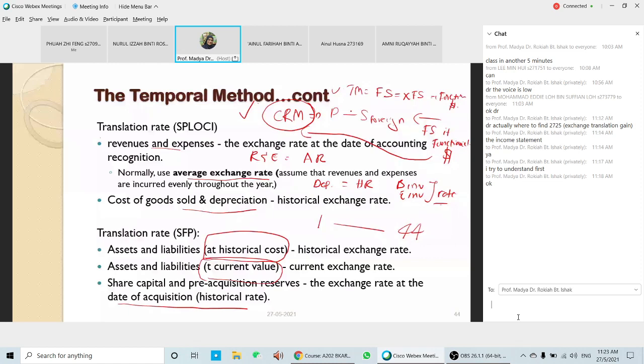Most of the time we are using the closing rate method because mostly the foreign operations that operate in a foreign country prepare their financial statements based on their own currency. So later on, when the parent prepares a consolidated financial statement, they need to translate from the foreign currency to Malaysian ringgit. Okay, so we're going to focus more on the closing rate method. So that is what we have.